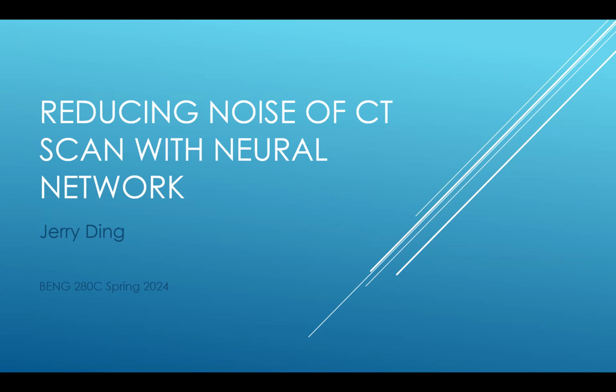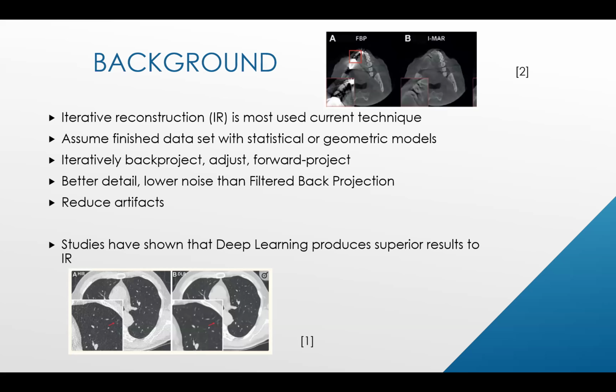Yeah, my project was to reduce the noise of CT scans using neural network. I'll just keep going. Very brief background. We know that usually iterative reconstruction is used, which uses statistical or other methods to sort of, in a way, estimate or idealize what this data should look like.